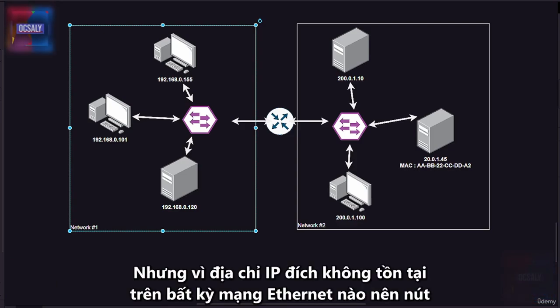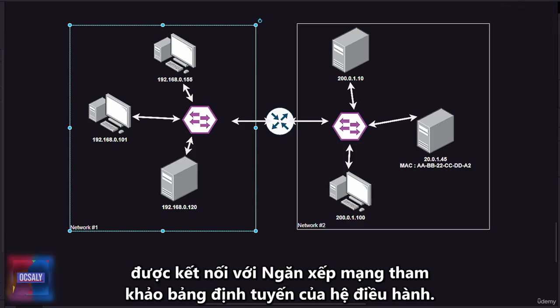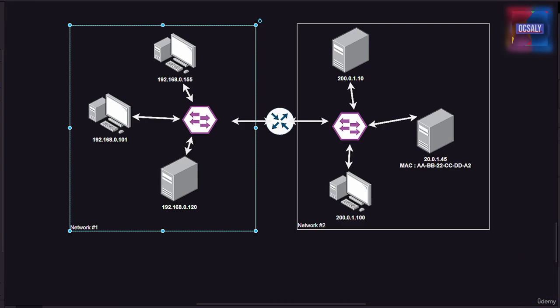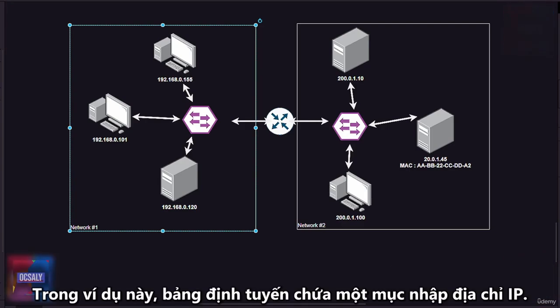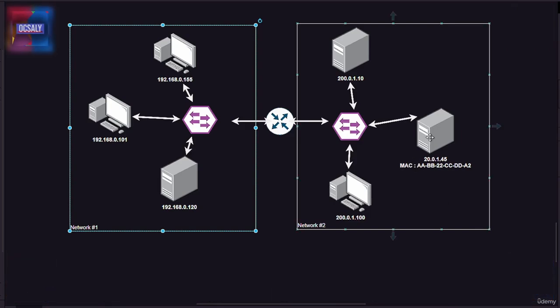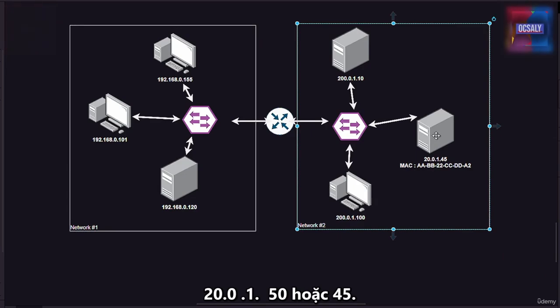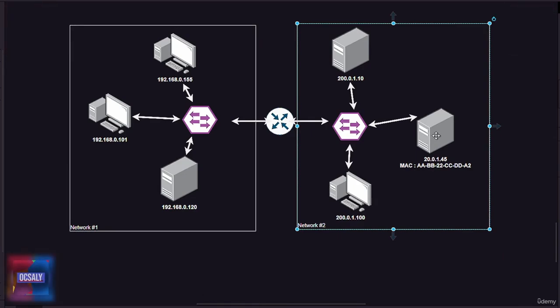But because the destination IP address does not exist on any Ethernet network that the node is connected to, the network stack consults an operating system routing table. In this example, the routing table contains an entry for the IP address 20.0.1.45.